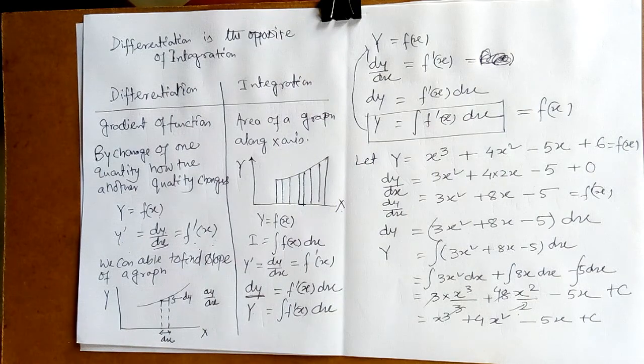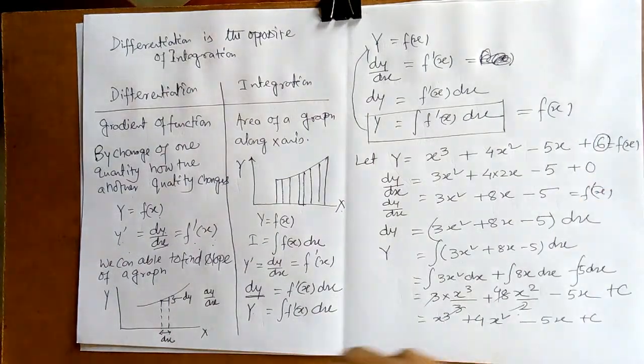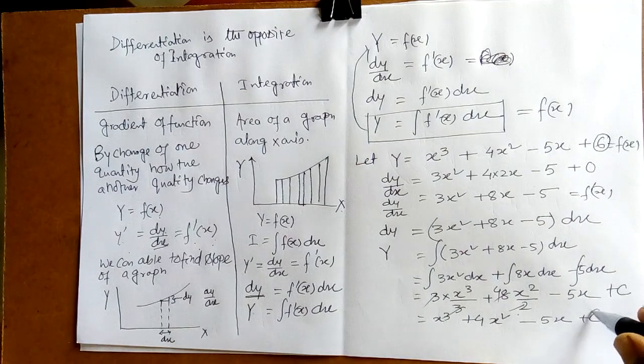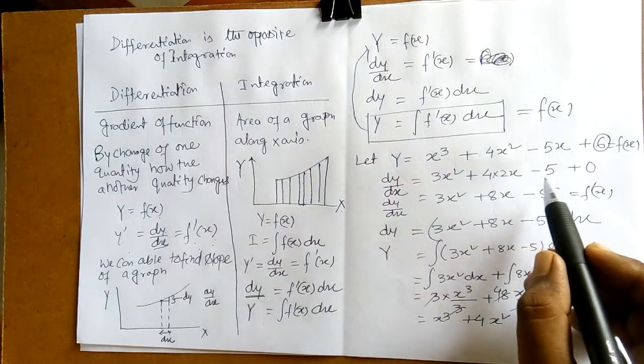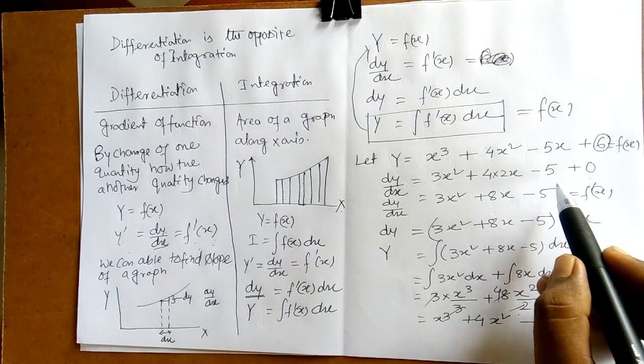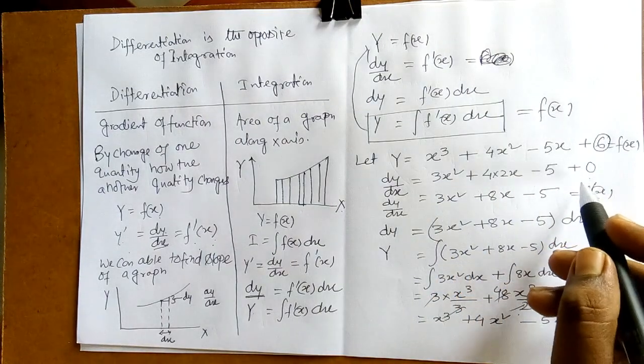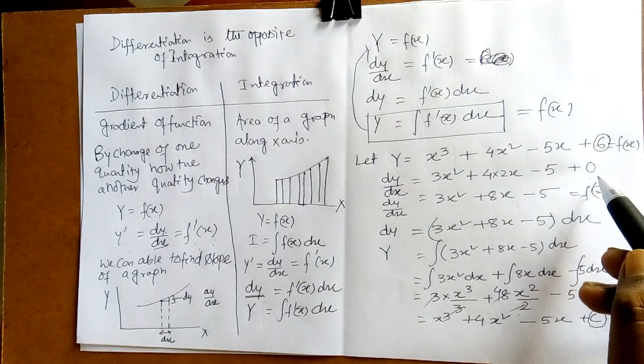Now the question has come. In the previous function y there is a constant 6, but here we don't get 6, instead we get c. For that reason we use c, the integral constant, because when we differentiate a constant we get 0, but by integrating we get the function containing x, and we don't get the constant.